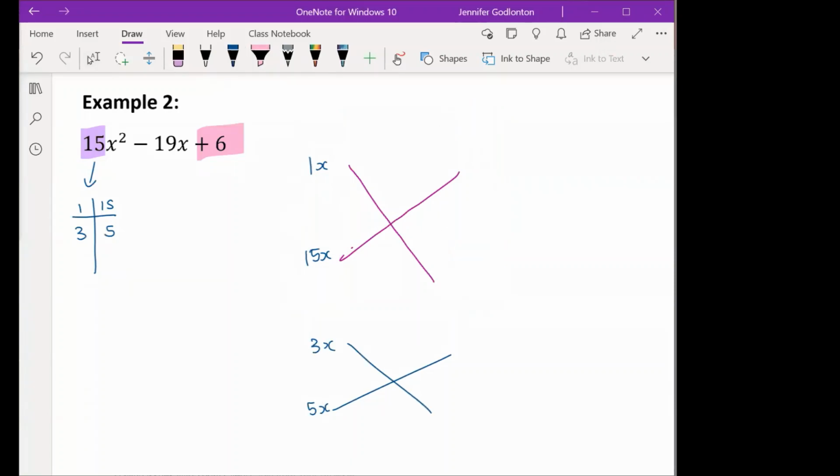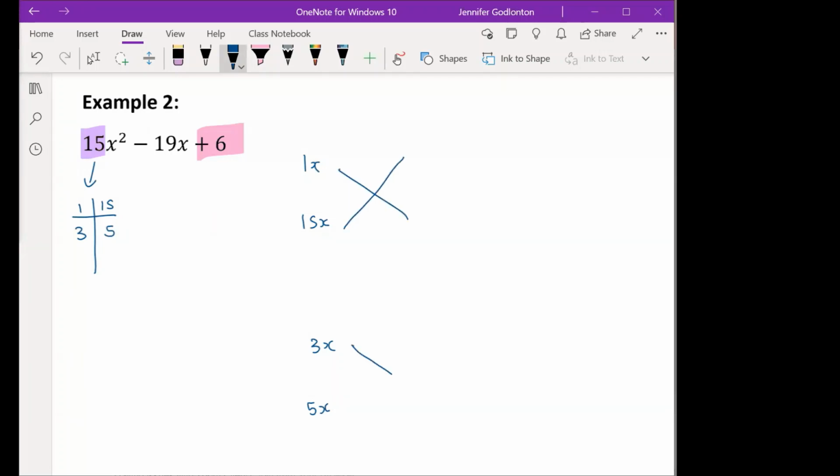Those are my different options with the 15. Does that make sense? Does that mean I have to pick the 3 and 5? Well, you have to do some trial and error to figure out which one it's going to be.